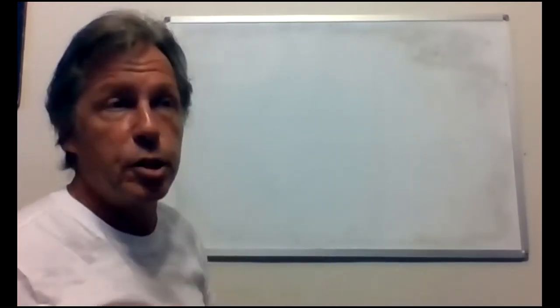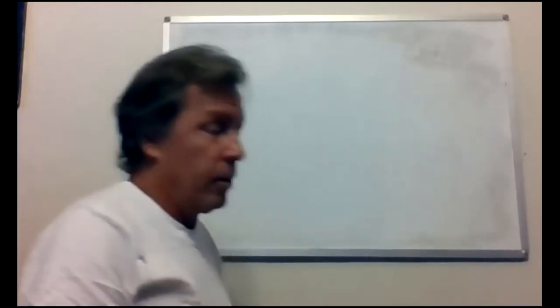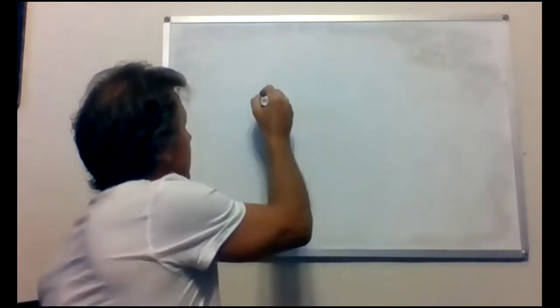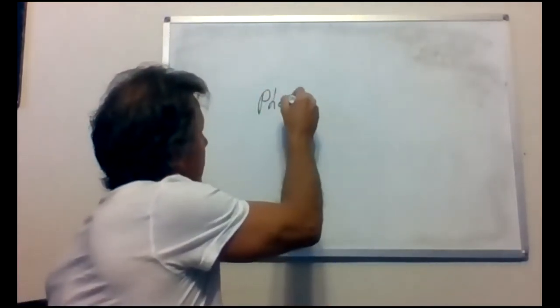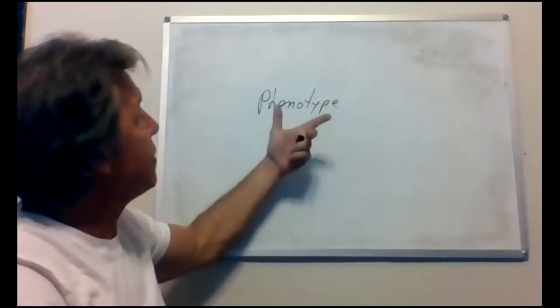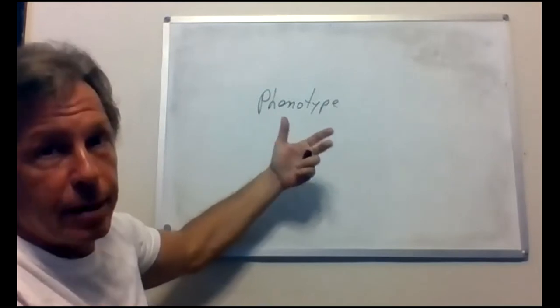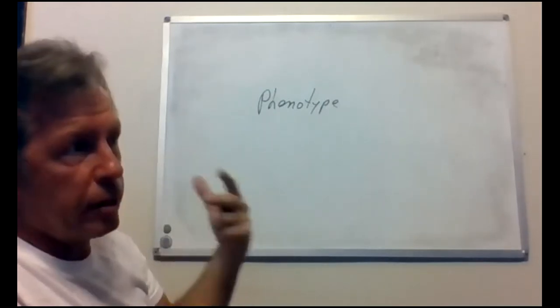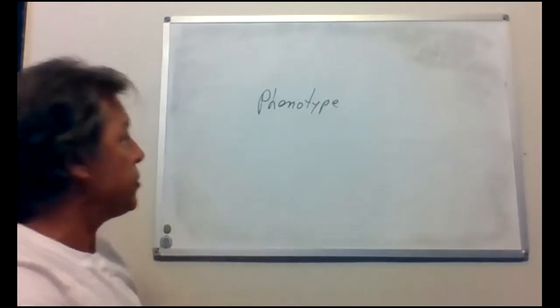Okay, now, the genetics is one thing, and the other term we want to think about is not the genotype, but the phenotype. Now, what is the phenotype? The phenotype is a description of the physical characteristics, the observable physical trait that you see.